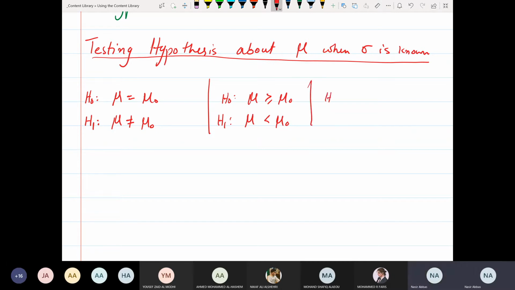Or we can give you a question to test mu less than or equal to something against the opposite, that mu is greater than something. This something will come from the question. This will be a number. For example, I ask you to test that the average score in STAT 319 is 70. So you will be testing mu equals 70. And then you will formulate the opposite, the alternative hypothesis, that is H1, that is mu is not 70. I will talk about this one later.